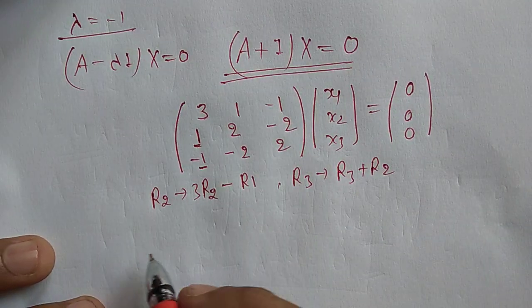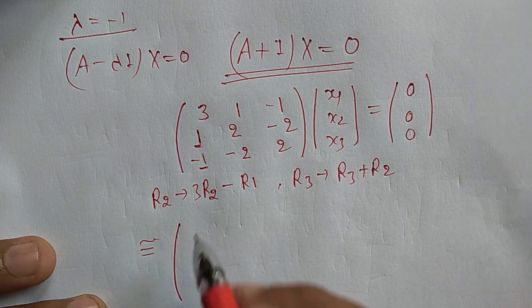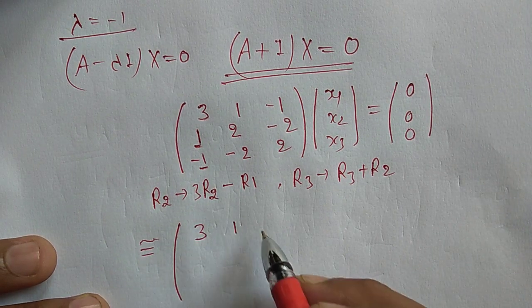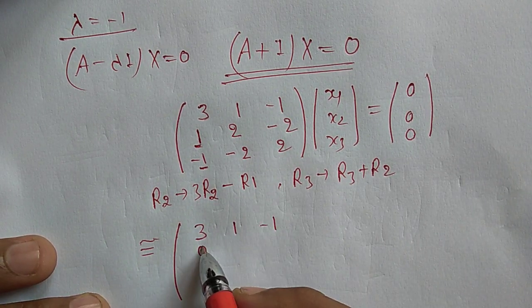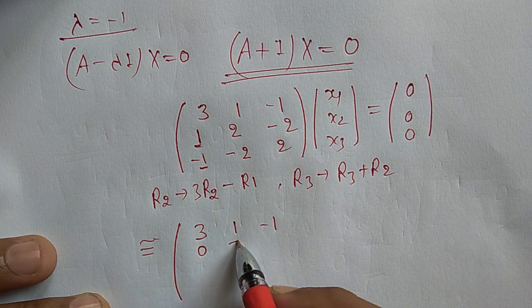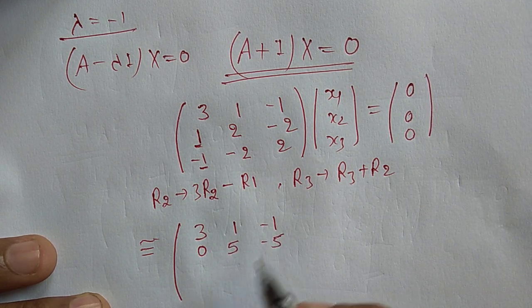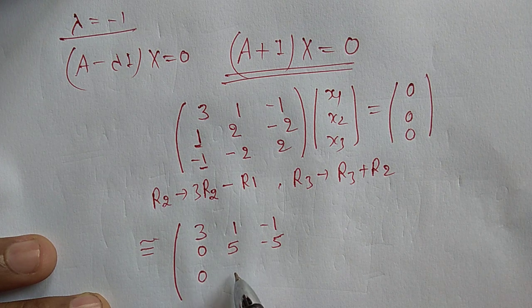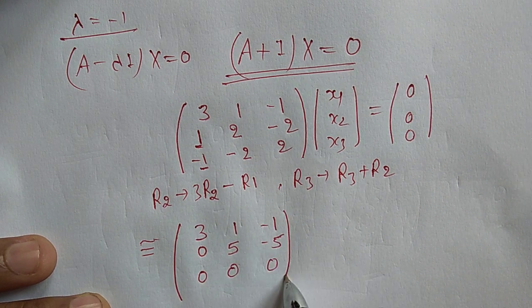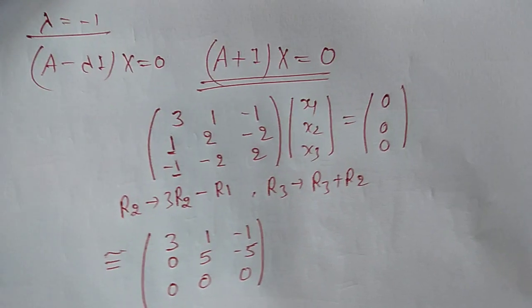So let us see the equivalent matrix. So 3, 1, -1, then 0, 5, -5, and 0, 0, 0. So this is the row echelon form.